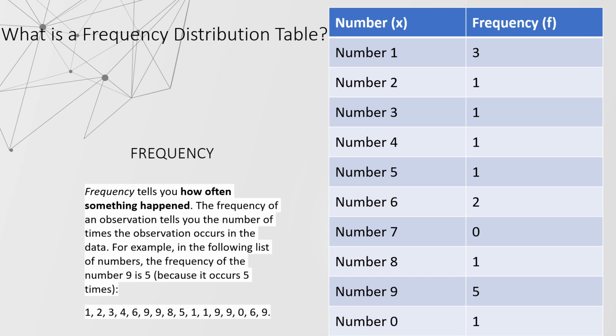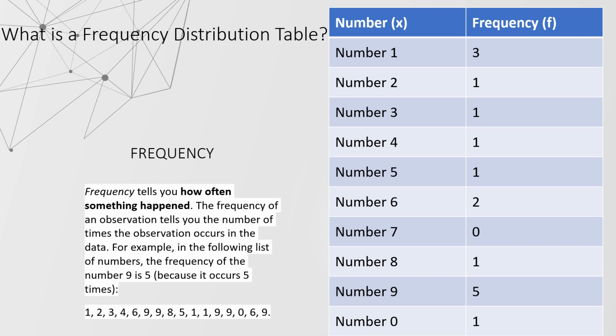Okay, and this is a frequency distribution table. That is something that you find really easy because we worked it on class. So in the bottom part of the slide, you can see a set of data.